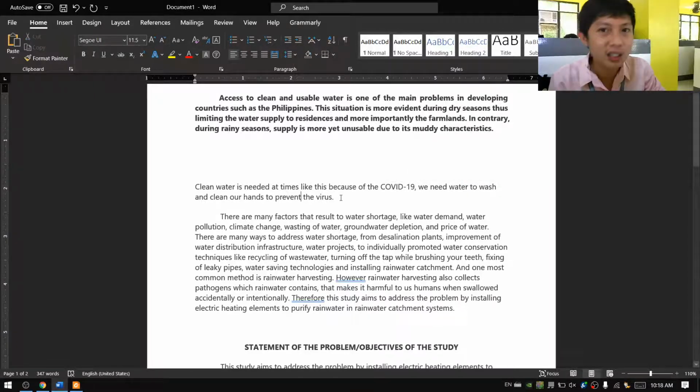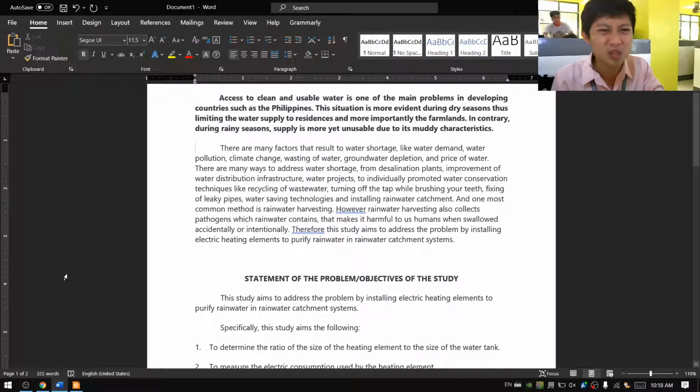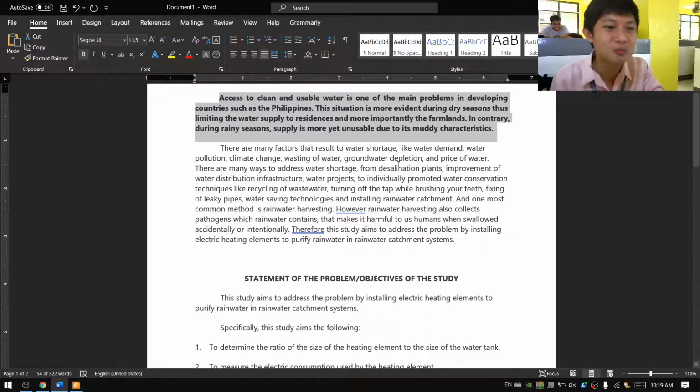Water is a necessity, remember. You don't need water because of COVID-19. You need water because you need it. Okay? So I don't see the point why you're putting it here. Maybe trying to convince the reader that it is important. Well, it is already important. Why do you have to put COVID-19?